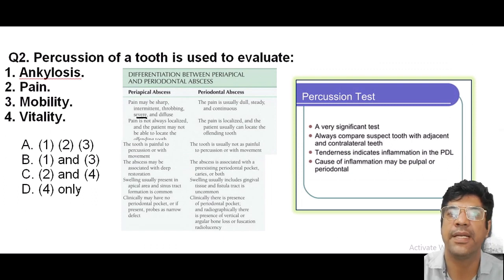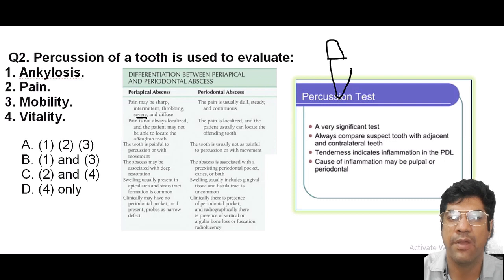So in percussion test, what a dentist will do, suppose this one is the tooth, and a dentist will start tapping on the incisal surface. So the dentist will tap on the incisal or the occlusal surface of teeth using a blunt instrument like a mirror handle.